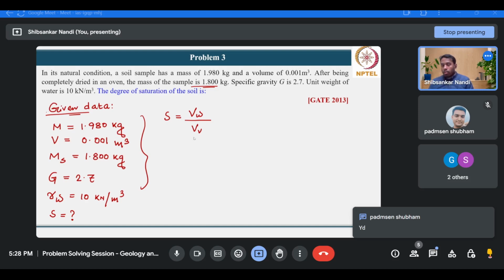Gamma D. Okay, you are saying by using the information of gamma D. I think you are approaching in the correct way.